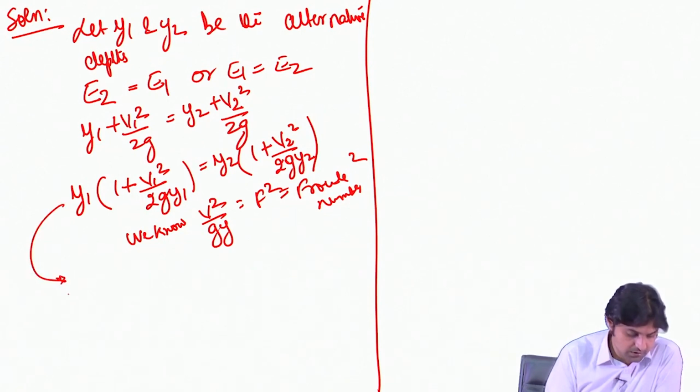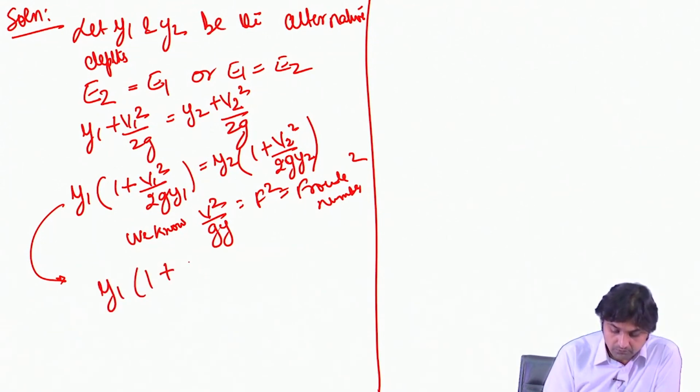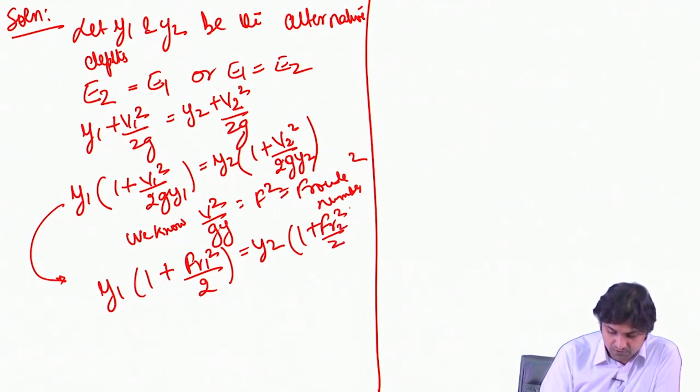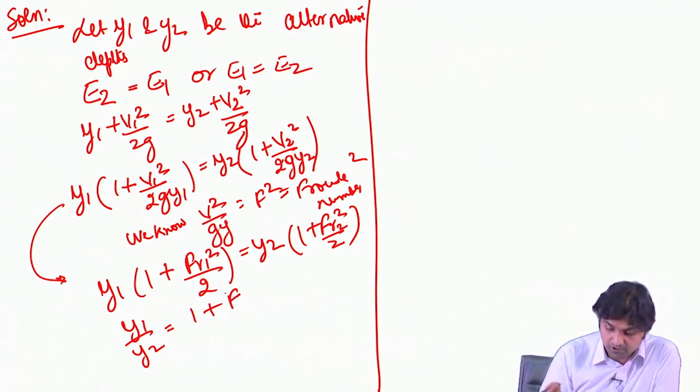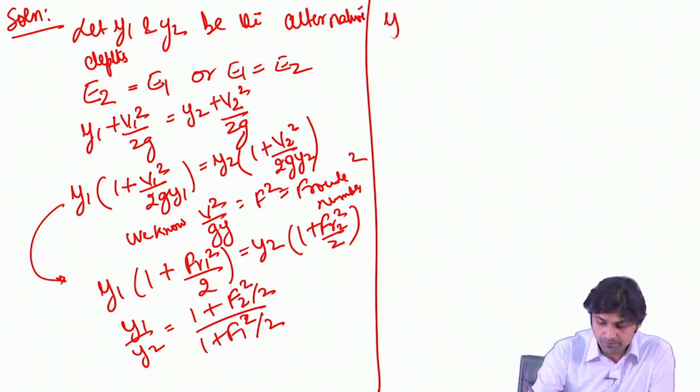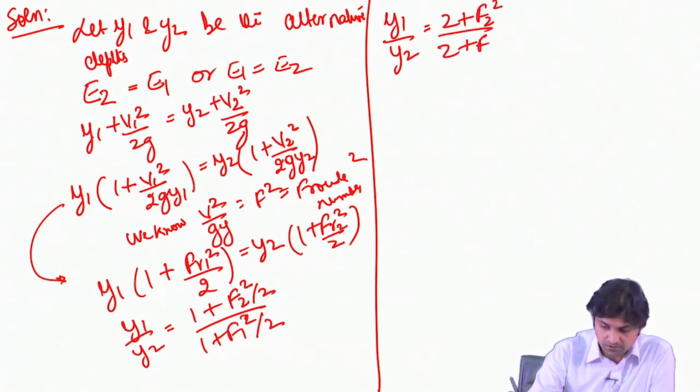So, in this equation, y1 by y2 can be written as (1 plus F2 square by 2) divided by (1 plus F1 square by 2), or y1 by y2 is equal to (2 plus F2 whole square) divided by (2 plus F1 whole square).